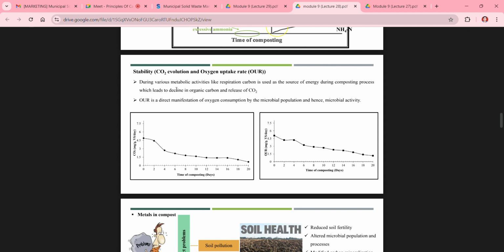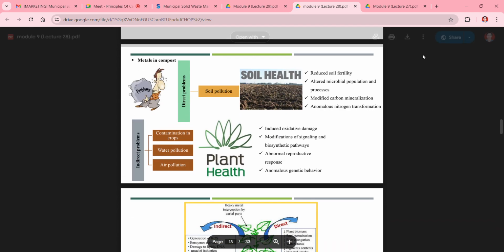Due to that respiratory action, the oxygen is going to react with the carbon content present in the compost material, and that will result in the decline of organic carbon content, because that organic carbon is going to react with oxygen and convert into CO2 gas. So that content has to be optimized for stability.